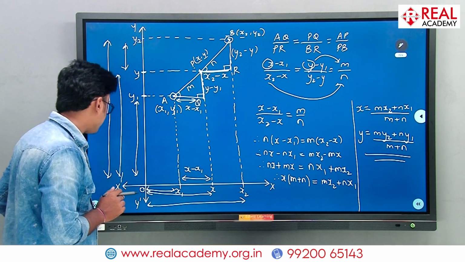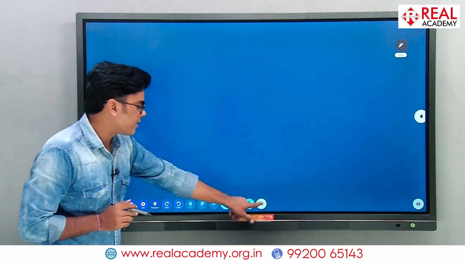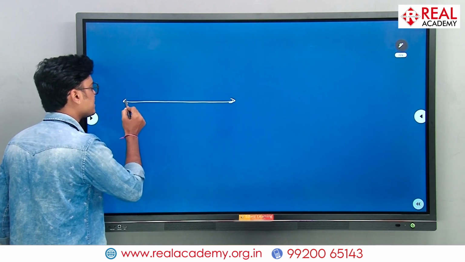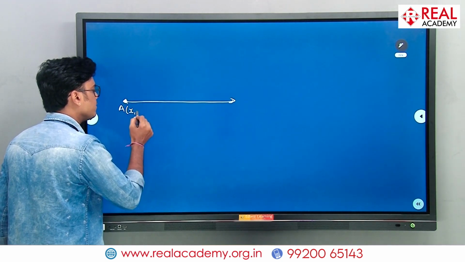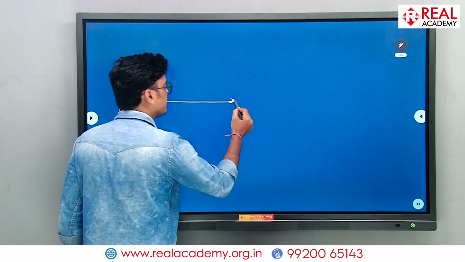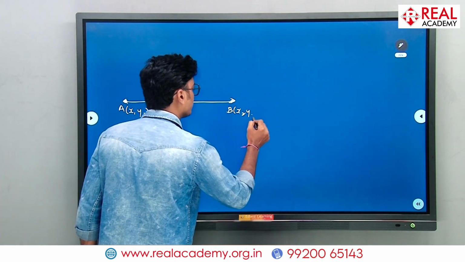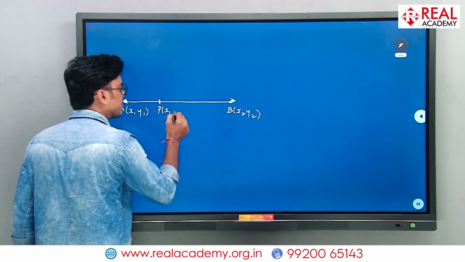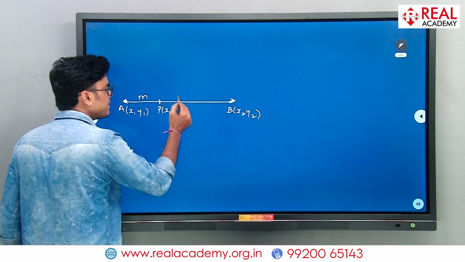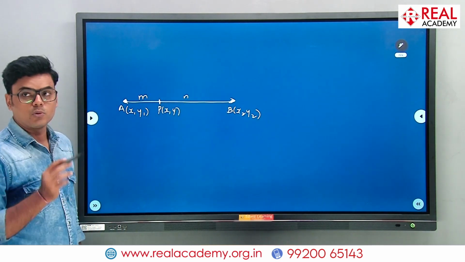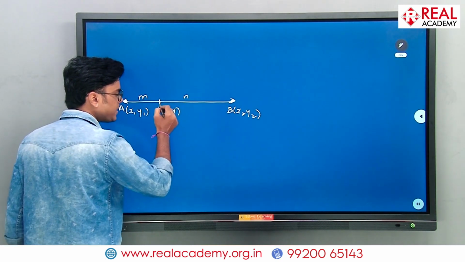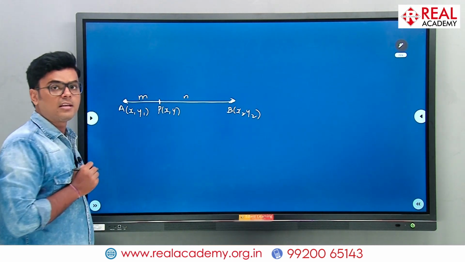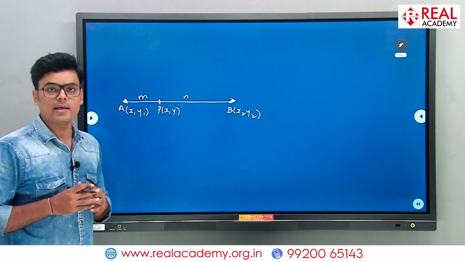Here one thing that you must remember, the most important thing, is that in the question you will be given 2 points. Let us say point A x1 y1, point B x2 y2, and there is some point P x comma y dividing the line in the ratio m is to n, okay?